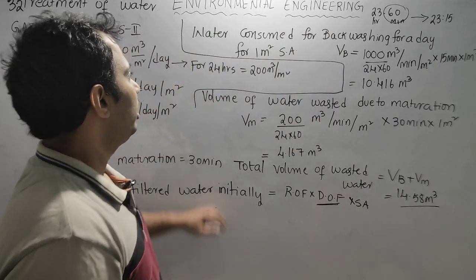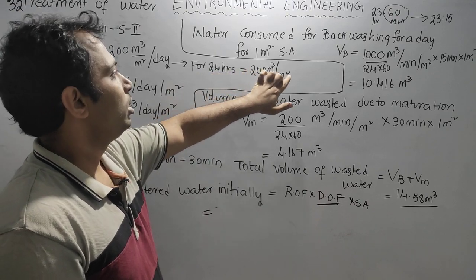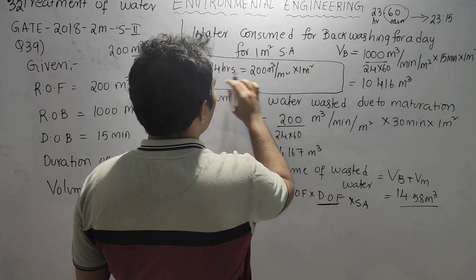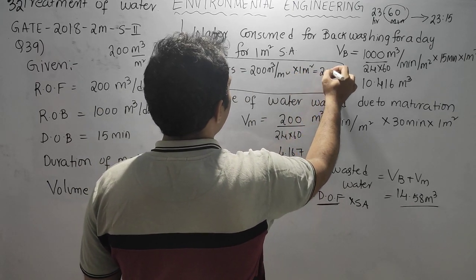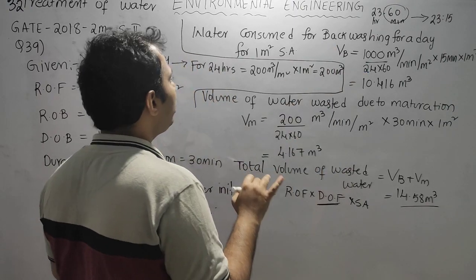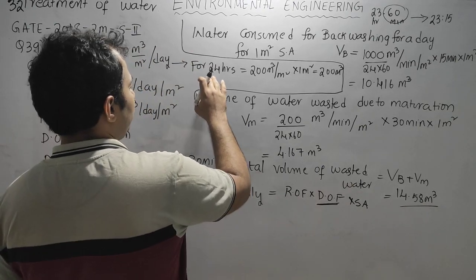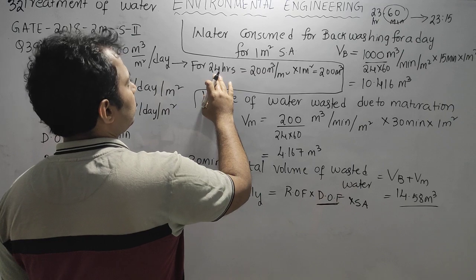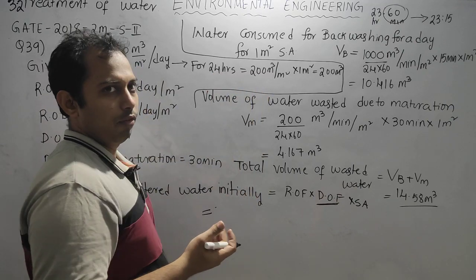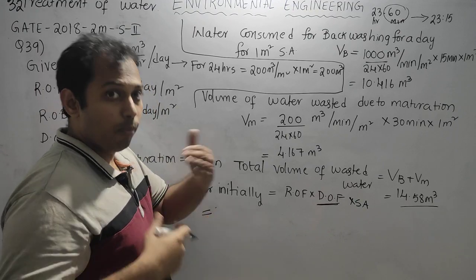So for 24 hours, this is the volume of water. If you multiply it with 1 meter square, for 24 hours it is getting 200 meter cube. If you wanted to do this in 23 hours only, then the rate of flow will be more.